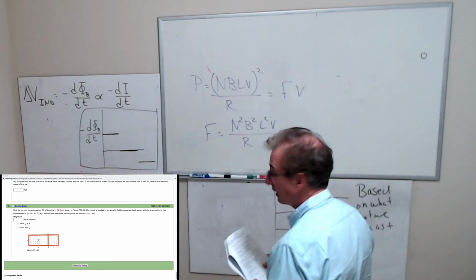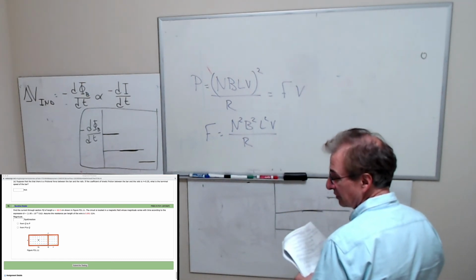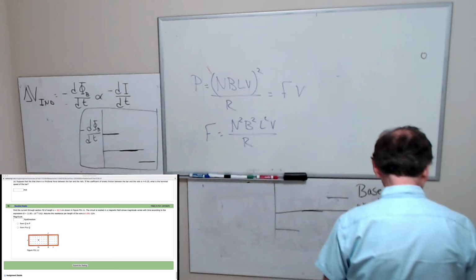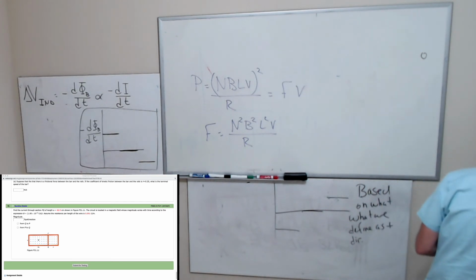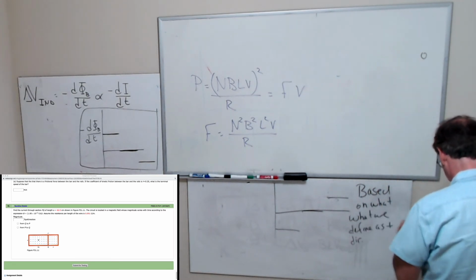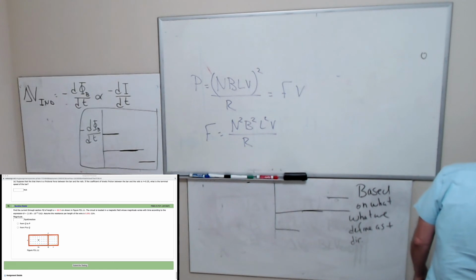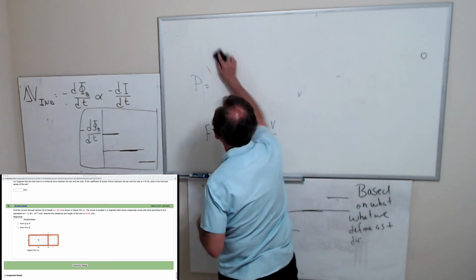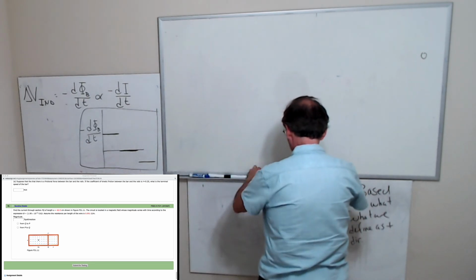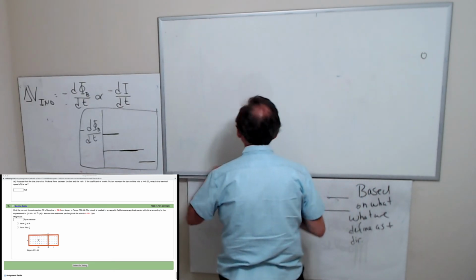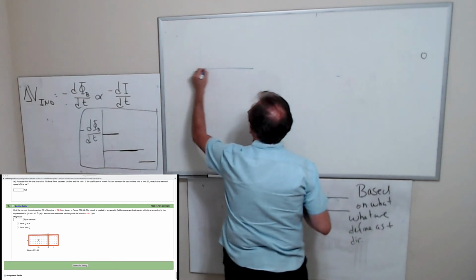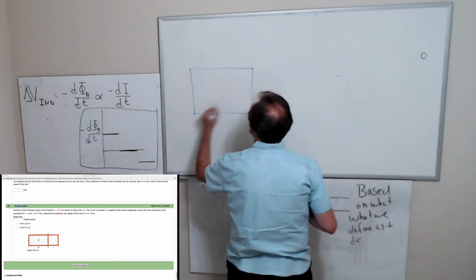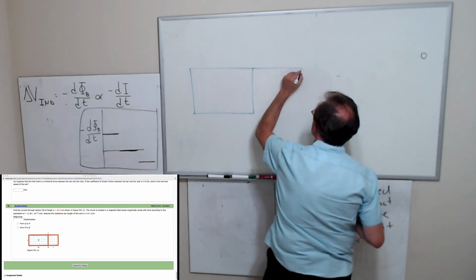Number 15, you have to set up two equations and two unknowns. You got to treat it like a Kirchhoff's law problem. So we have a system like this.